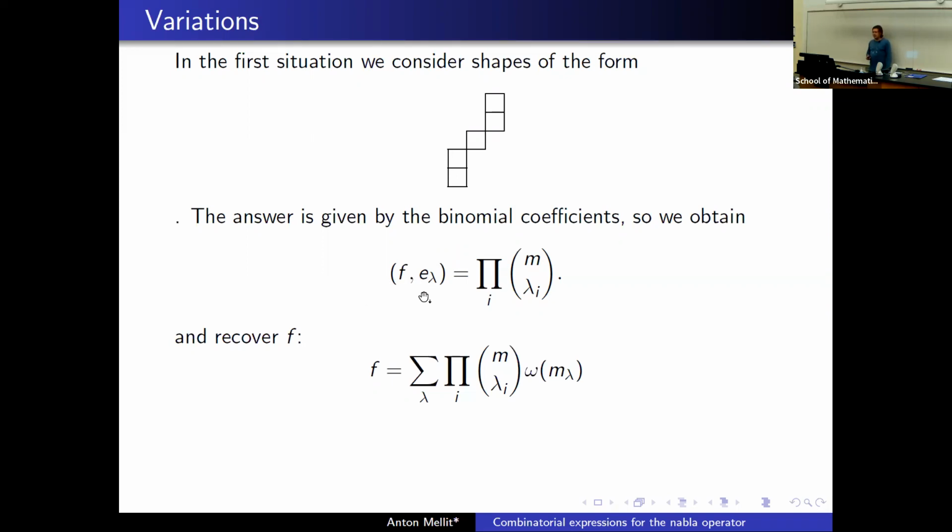Namely, the dual basis for the elementary basis is the so-called strange symmetric functions. If you take monomial symmetric functions and apply this involution, you get those ones. So you get an expansion of f in terms of those strange symmetric functions.